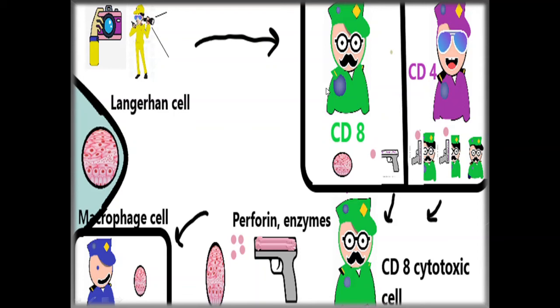So it will take a part of keratinocyte as an antigen to the lymph node, and it will process this keratinocyte, and it forms various cytotoxic CD8 cells against it. Now the CD4 cell will form more cytotoxic CD8 cells, and hence the number of CD8 cytotoxic T cells will increase drastically.